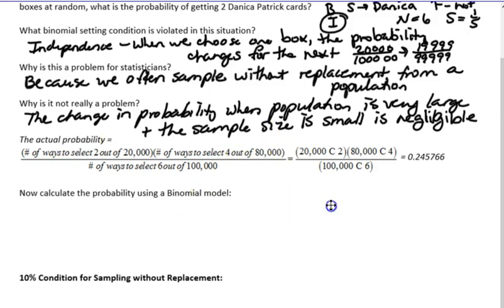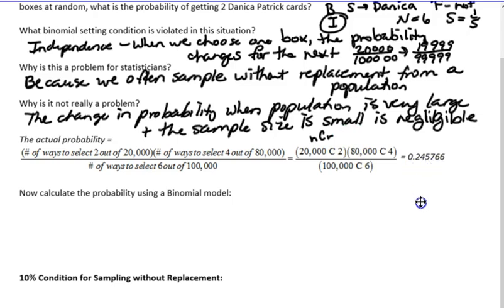So this is 20,000 C 2, like the nCr on your calculator, 20,000 select 2 and then 80,000 select 4. So this would be all the different ways we could select 2 out of 20,000 times all the different ways we could select 4 out of 80,000, all divided by the total number of ways we could select 6 out of 100,000. This is how you calculate the exact probability.